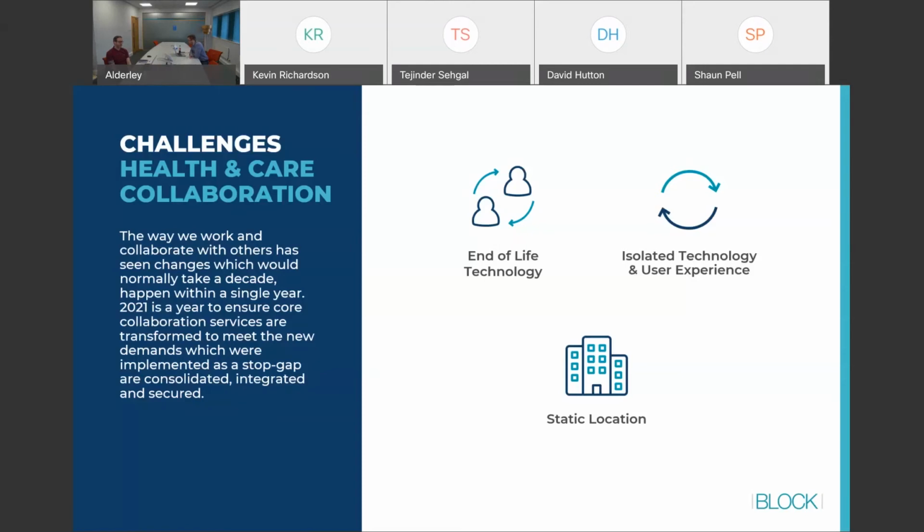What we've seen throughout 2020, in reaction to COVID, is a number of different technology services purchased to support users and the organisation in flexible working environments, whether at home, remote, or at different times of the day, still allowing people to work together. But I think now is a good time to reflect, and as we're talking about different licensing models and changes within collaboration, to look at what collaboration services you require, what can be consolidated into that single licensing model, and what that overall architecture is going to look like in the future.